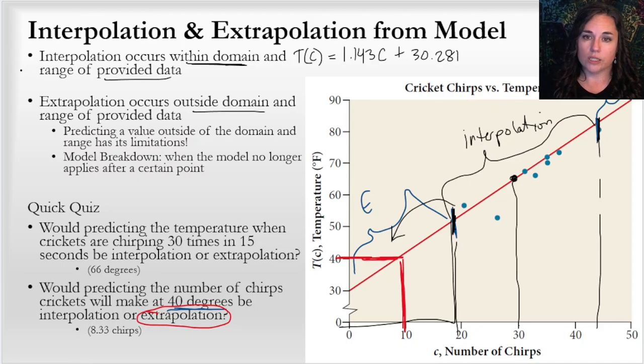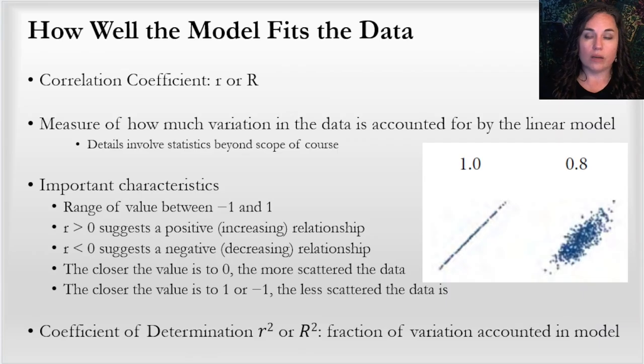You don't want to, and I have this here, the model breaks down. It may be that the model outside the data isn't accurate for what's inside the data. Another thing that I wanted to talk about in regard to regression is how well the model fits the data. And again, we're looking at this in regard to a linear regression, but this idea is true if I have a quadratic, if I have a power function, if I have an inverse function.